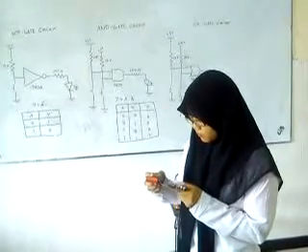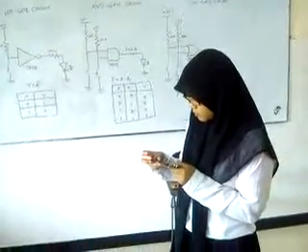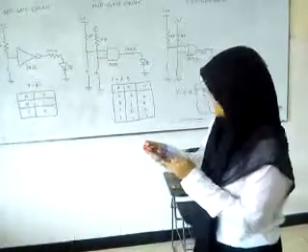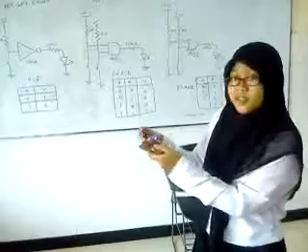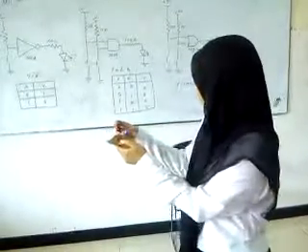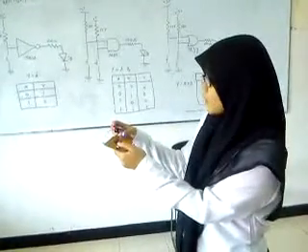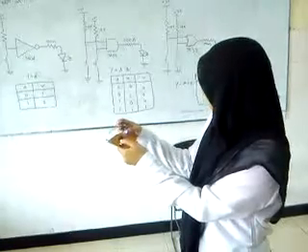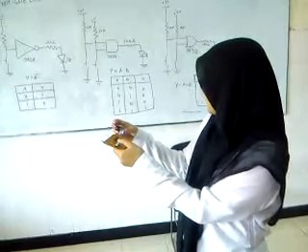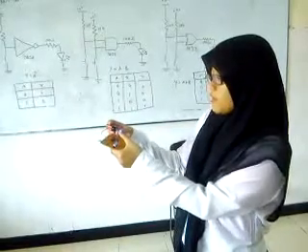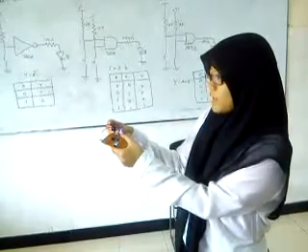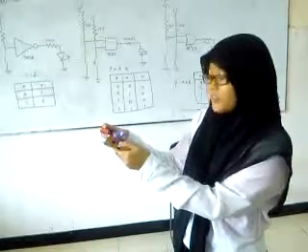The LED is off. And if the first input is high and the second input is low, the output is low, the LED is off. And if the first input is high and the second input is high, the LED is on.